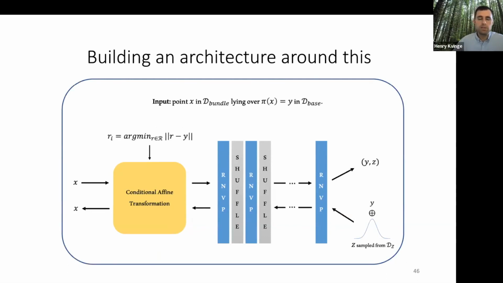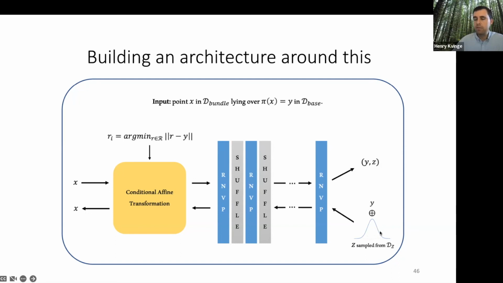So this is just a picture of the architecture that we ended up using. Let me just say that once you've trained this thing, why is this useful to material scientists? Because then they can specify their Y value. Maybe this is strength, maybe this is lightness, maybe this is something else that they care about.